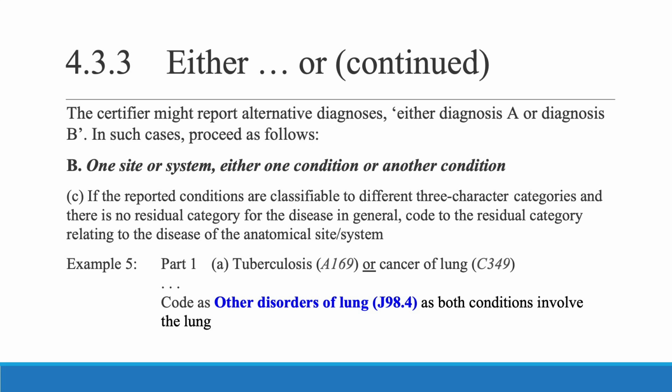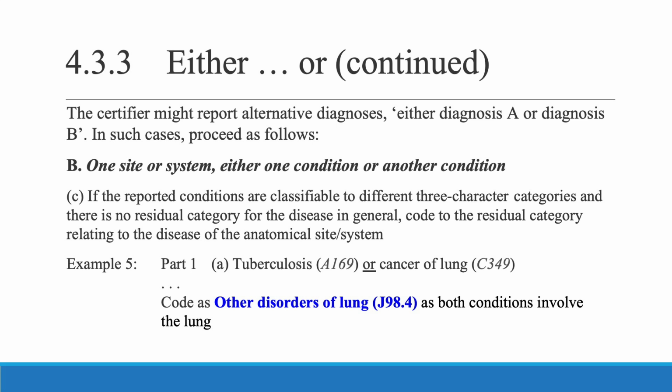Example 5, part 1, line A, tuberculosis or cancer of lung. Even without applying provisional codes, you're already thinking, well, those are not going to be in the same block of codes. And indeed, tuberculosis would be classified to A16.9, a code found in Chapter 1. Cancer of lung would be coded to C34.9, a code found in Chapter 2.